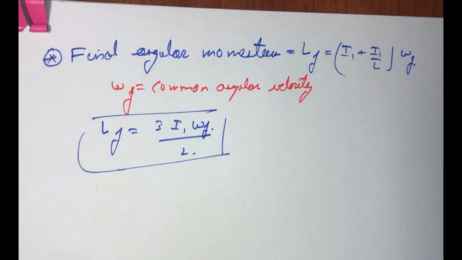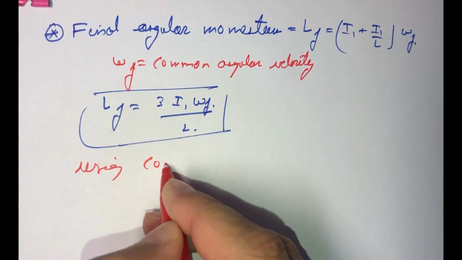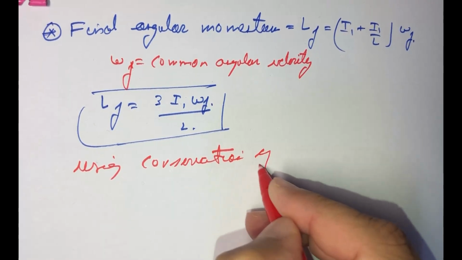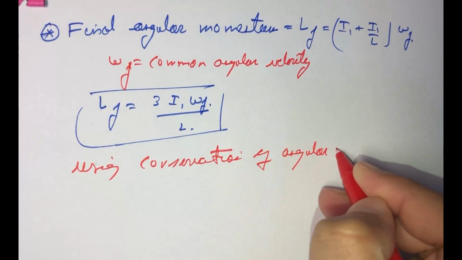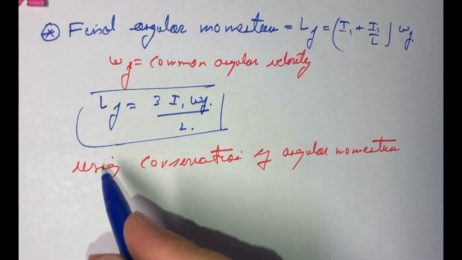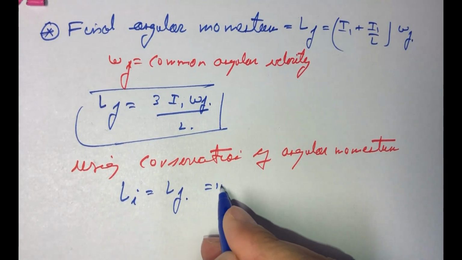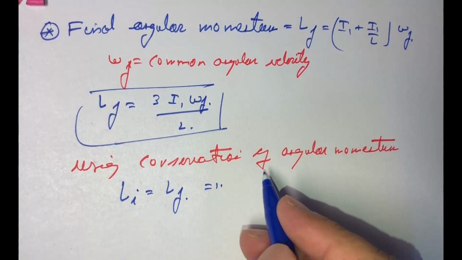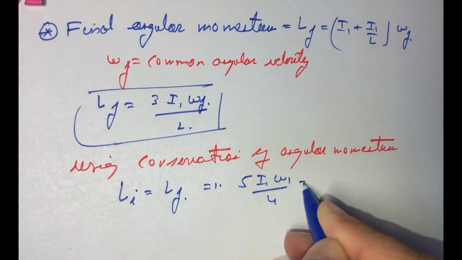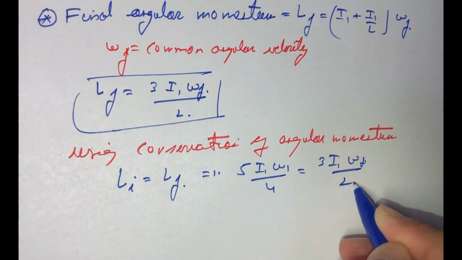Now, using conservation of angular momentum, initial angular momentum Li is equal to LF. Substituting the values, 5 I1 omega 1 divided by 4 is equal to 3 I1 omega f divided by 2.